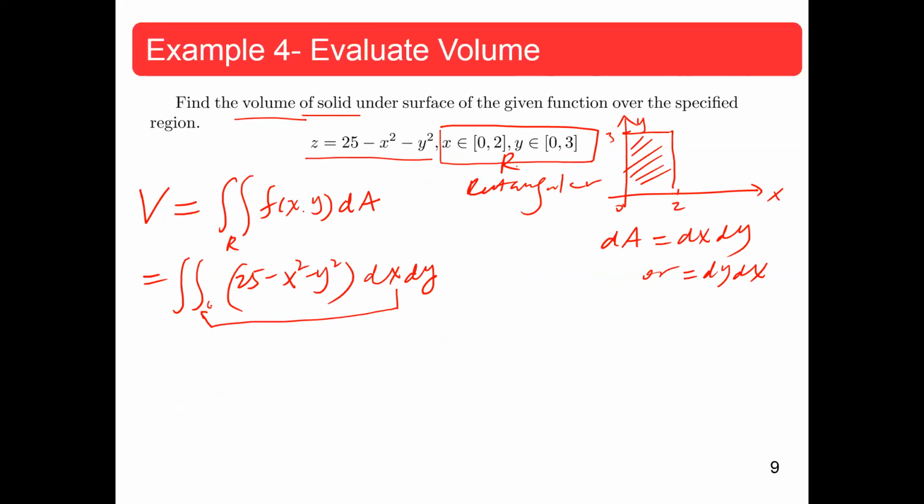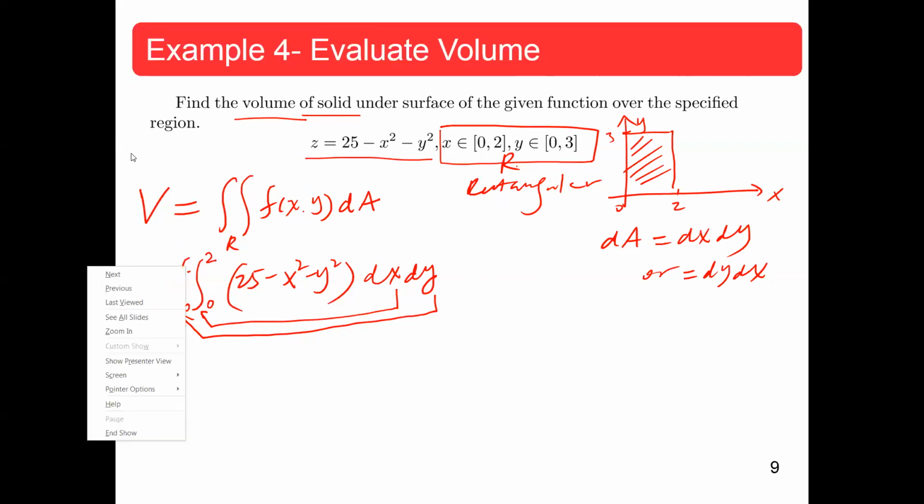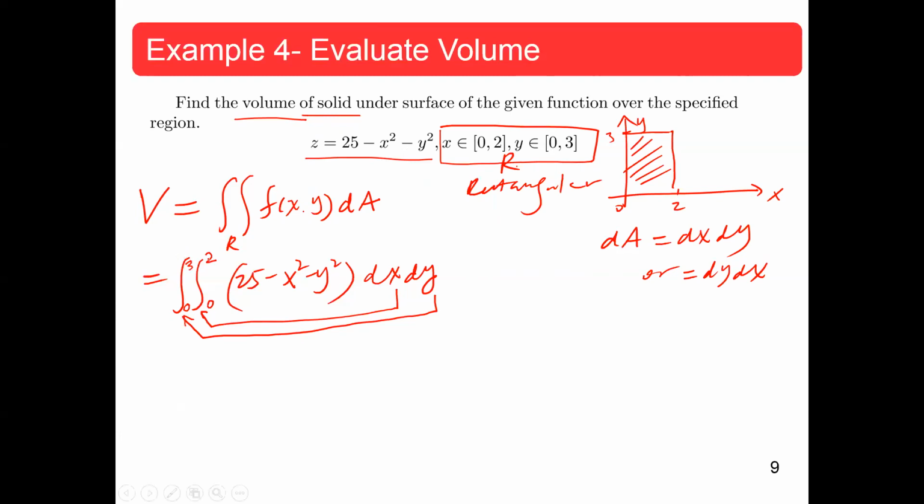So we're going to put 0, 2 there. Don't swap those, don't randomly interchange the numbers for the integral. So for y, dy should match the outer layer. The value would be from 0 to 3, right? Oopsie, 0 to 3.